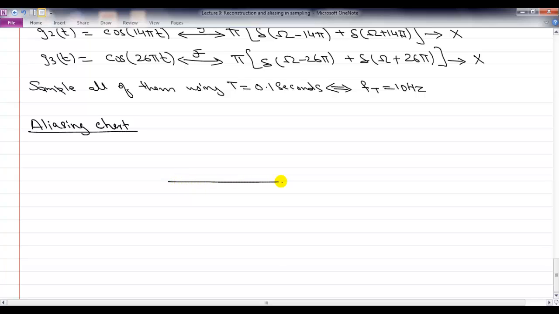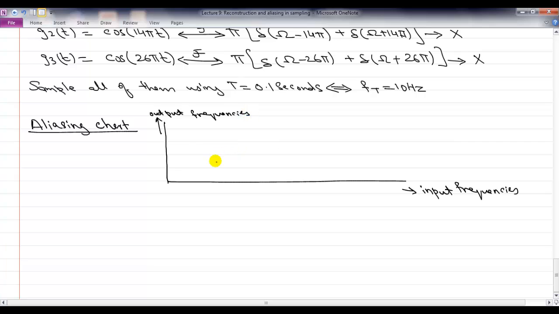Let's say these are your input frequencies, and let's use the y-axis for your output frequencies. In sampling, you have these regions given by omega t by 2 that you divide your input frequencies into.